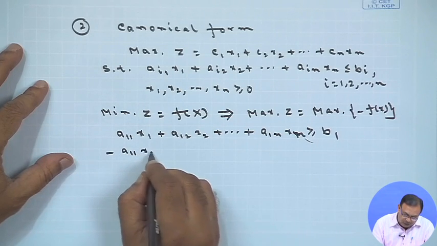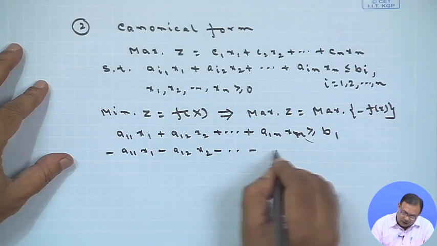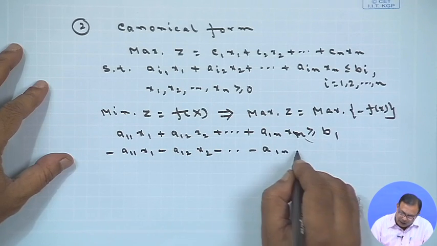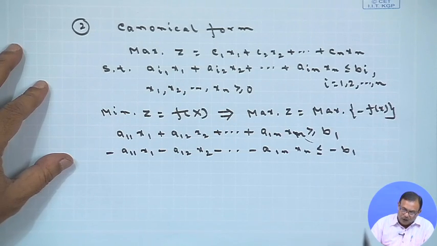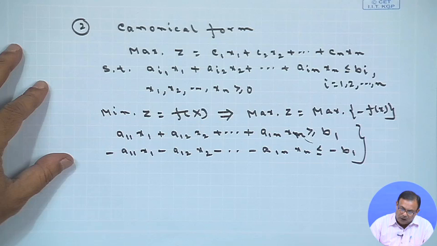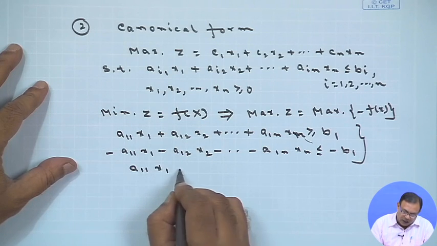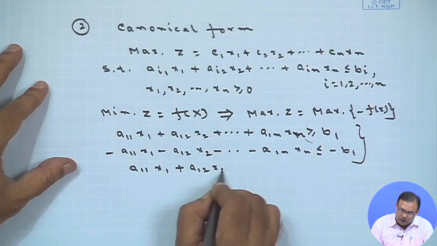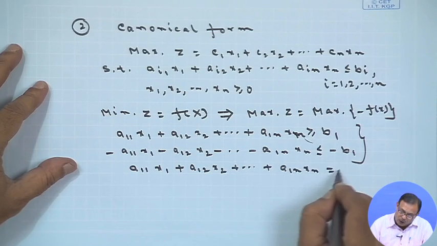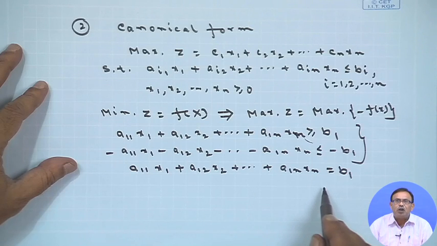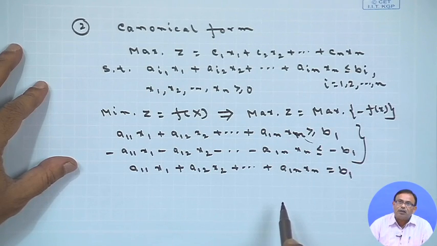So, I will write minus a11 x1 minus a12 x2 and so on minus a1n xn less than equals minus b1. This is another type. Your constraint may also be something like a11 x1 plus a12 x2 plus a1n xn equals b1, that is the equality type, but we have said we will always take it as less than equals.